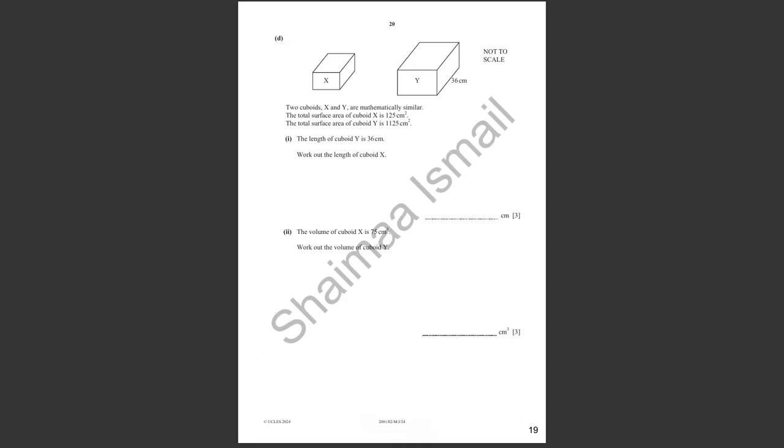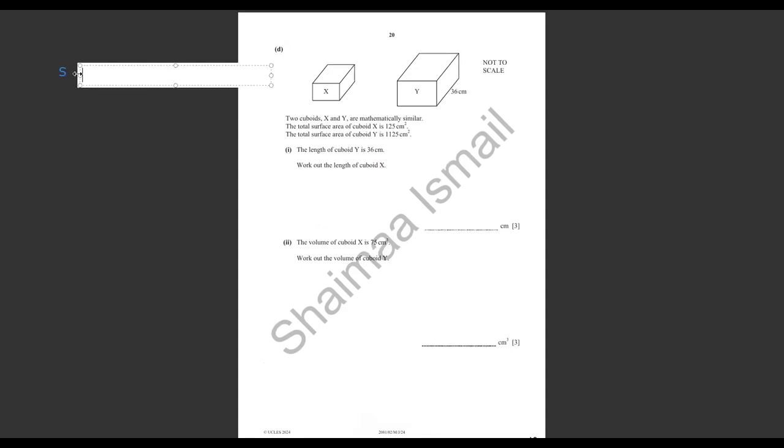Side power 1, okay? Area to the power 2, and volume, which is power 3. Okay, the k to the power of 3.